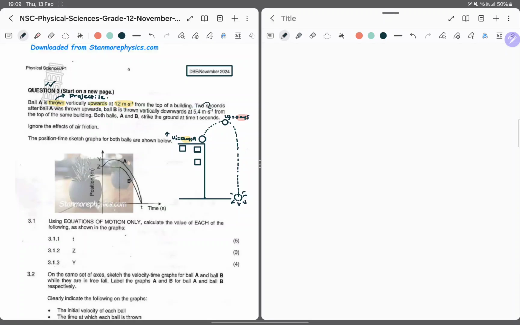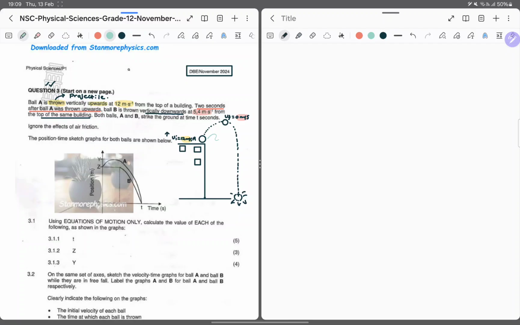Now we're told also that 2 seconds later, ball A was thrown upwards. Now a ball B is thrown vertically downwards. Okay, vertically downwards at this velocity of 5.4 meters per second from the top of the same building.